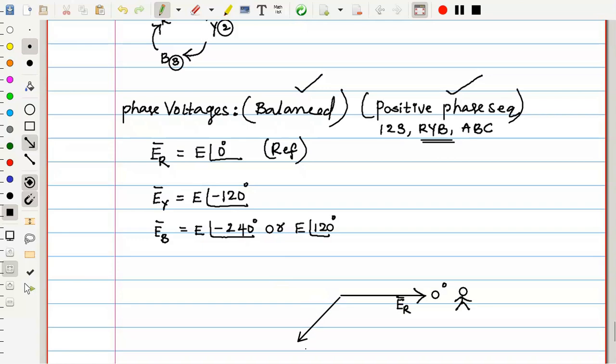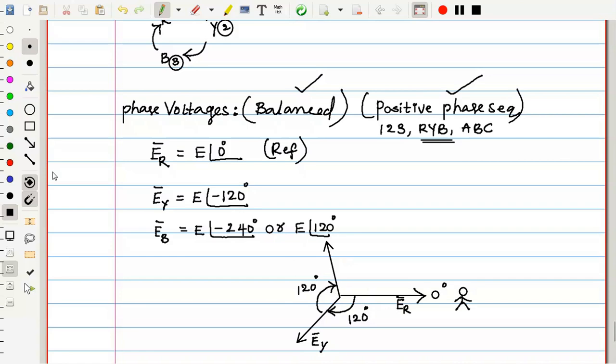I am not using color coding, just assume that these are colors. Now try to understand that. This is lagging at an angle of 120 degrees. From this, the B phase is lagging a further 120 degrees. But together from the reference, it is lagging 240. That's why we are getting 240.